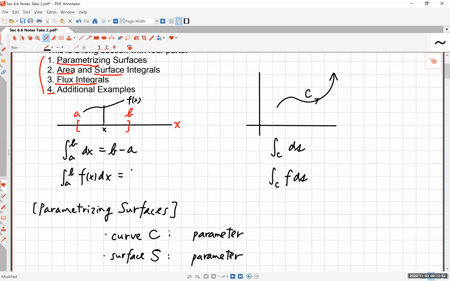You can think of this as the area under the curve, assuming that f is non-negative, or you can think of this as the mass of this interval from A to B. Imagine a rod or a stick that is this closed interval AB, where every point x has the density defined as f of x. So it could be referring to the mass with density f. Basically, it tells you how heavy this stick is that is from A to B. So it has a couple of different interpretations.